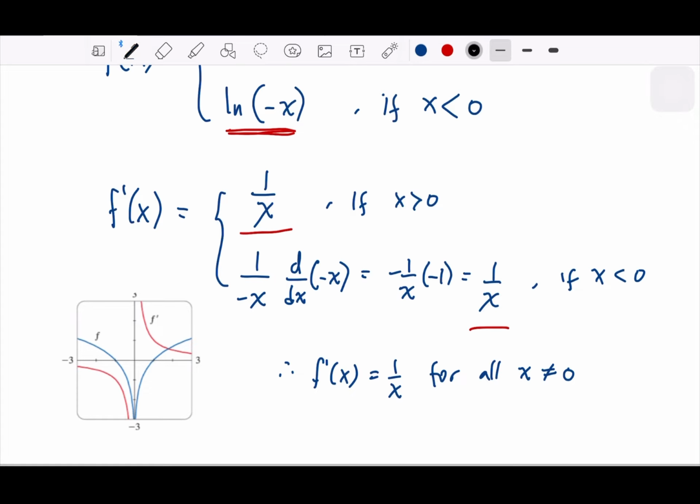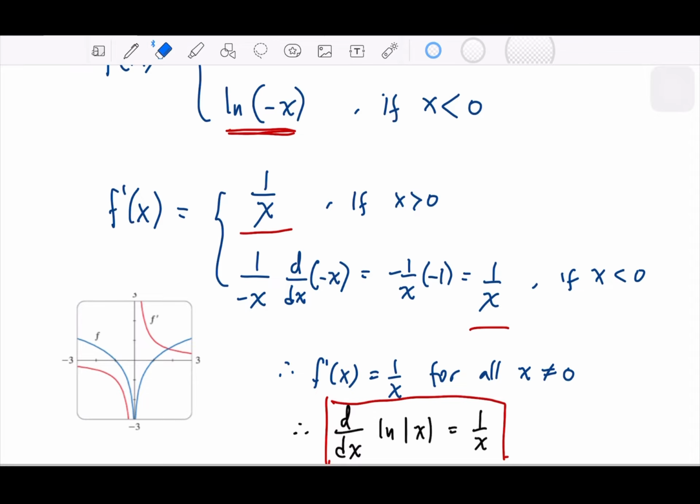And by conclusion, we can always take the derivative of ln of the absolute value of x as 1 over x. Okay. This is, I think, one of the keys for later discussion on integrals.